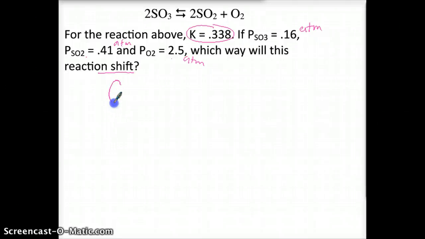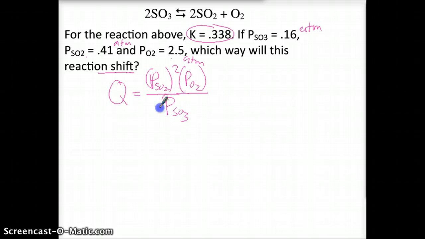We need to solve for the reaction quotient, Q. So always, always, always write the equation first. So this is going to be the partial pressure, since I'm given pressures. Partial pressure of SO2 squared times the partial pressure of O2 divided by the partial pressure of SO3 squared. So now let's plug in the values.